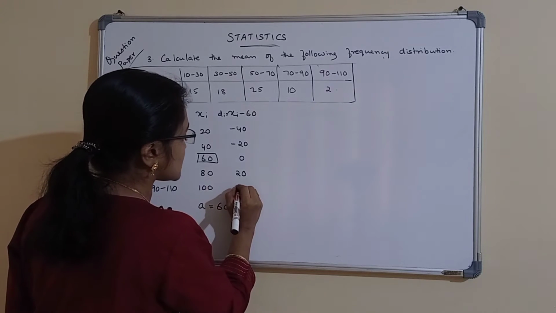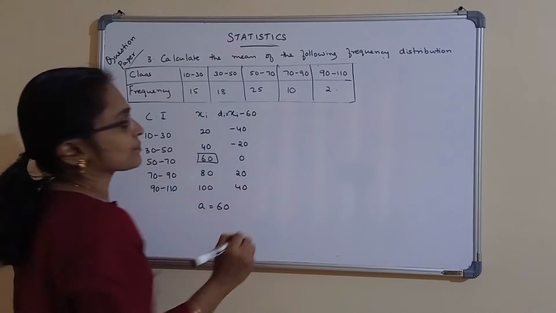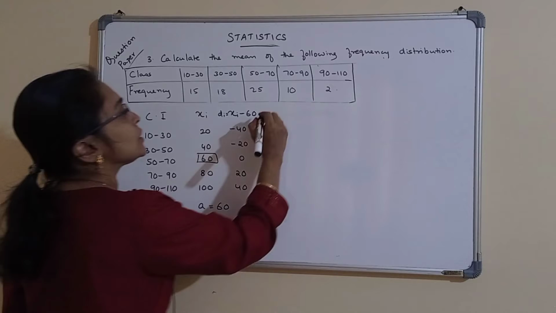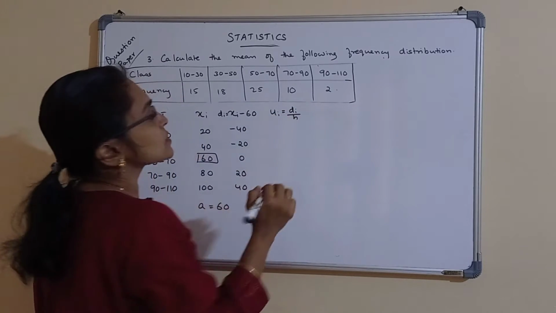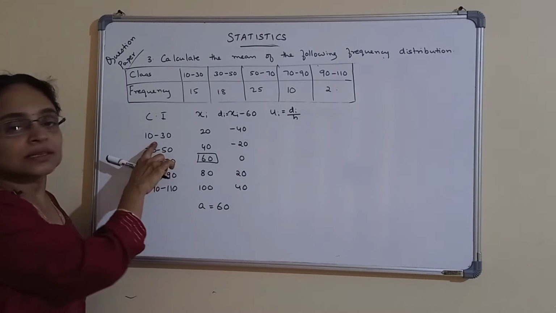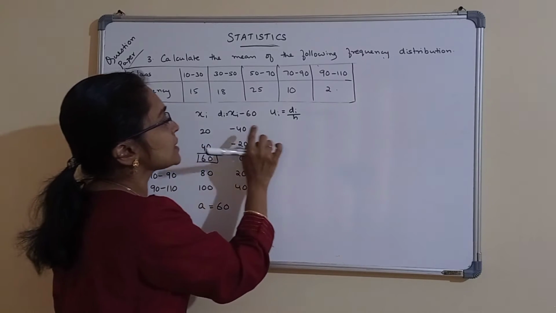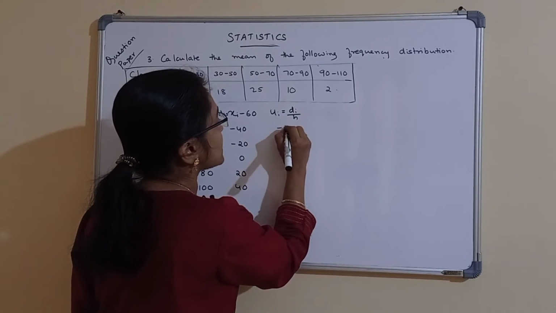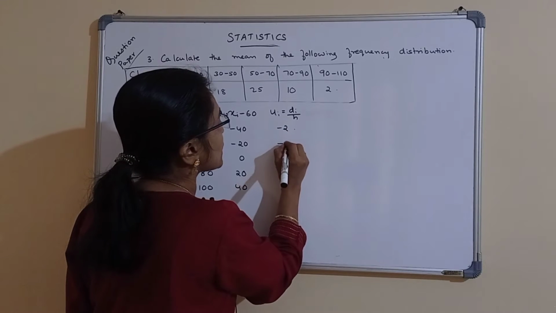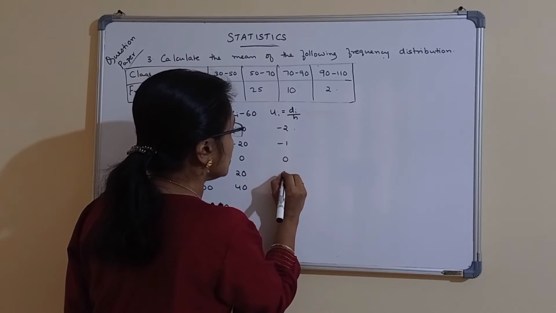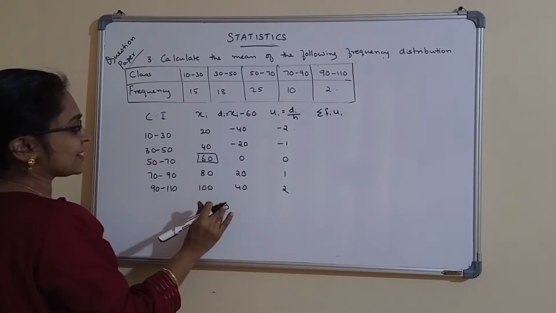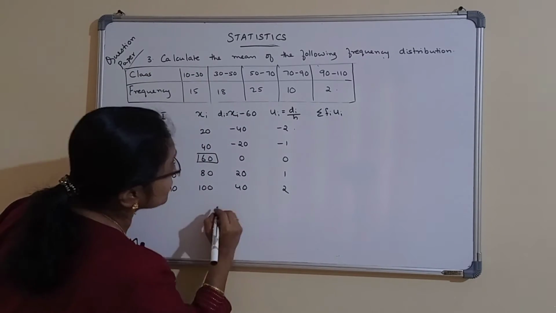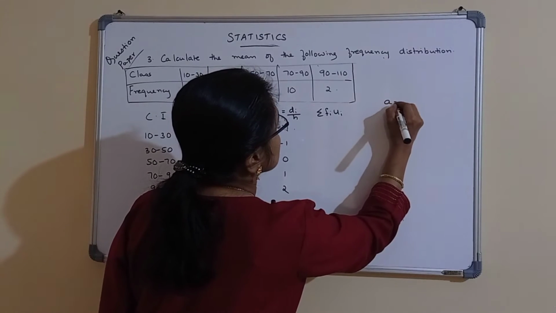And 100 minus 60 is 40. Okay. Now, ui is equal to di by h. So, h is the class interval. It is 20. So, minus 40 by 20 is minus 2, minus 20 by 20 minus 1, 0, 1, 2. Okay, we can write a equal to 60.